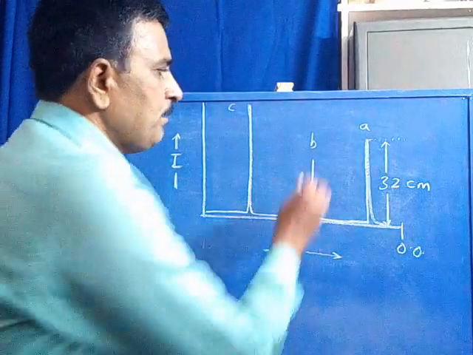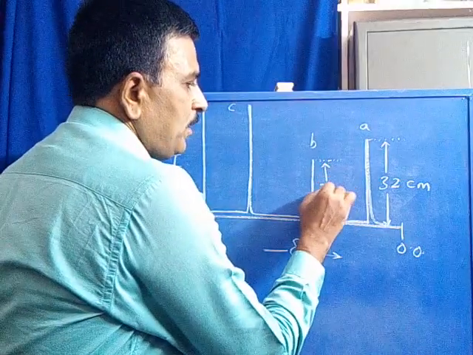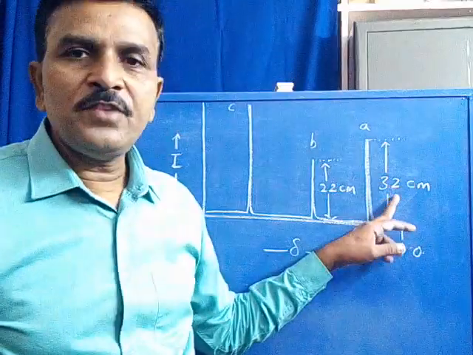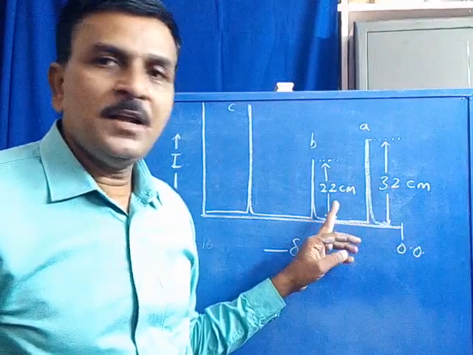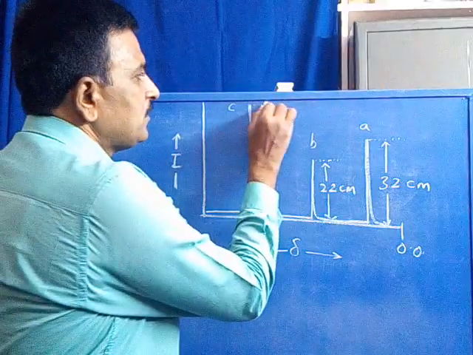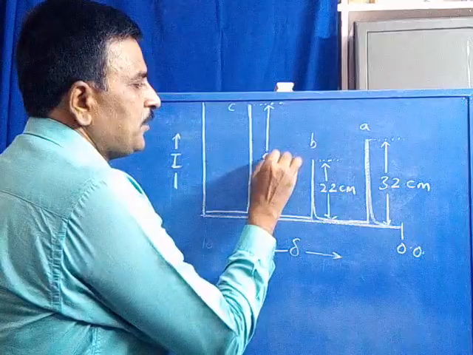Now measuring the second signal, say for example 22 centimeters. The first signal height is 32 centimeters, the second signal height is 22 centimeters. Similarly, the third signal height is 55 centimeters.